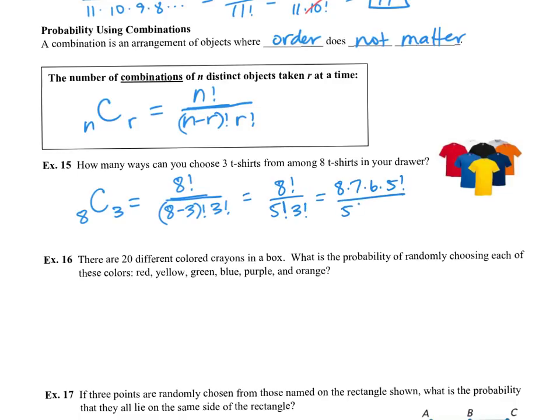I wrote it like that because I have a 5 factorial in the denominator, and I want to be able to cancel those. Before I multiply, I realized that 3 factorial is 3 times 2 times 1, which is 6. So I can cancel this 6 with this 3 factorial, and I'm left with just 8 times 7 in the numerator. So how many ways are there of choosing 3 t-shirts from among the 8 in your drawer when order doesn't matter? There are 56 ways that can happen.